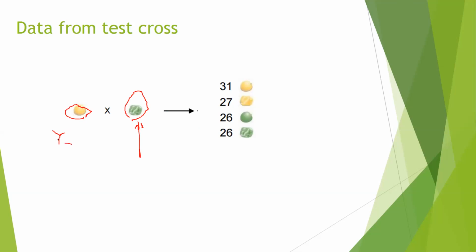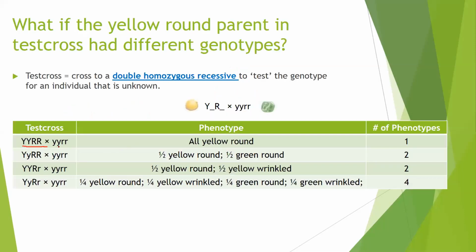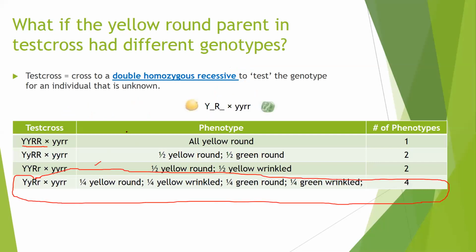You only know this one has at least one capital Y and one capital R, but for the other one you do not. But in the exam, I'm going to give you the outcome of the experiment. So if you see the cross, the progeny from this cross gives you these four types of phenotypes, then immediately you know the genetic makeup for the green one, right? Only this genetic makeup can give you four different phenotypes.